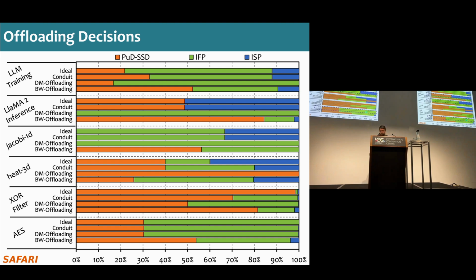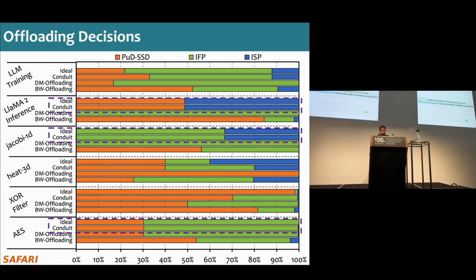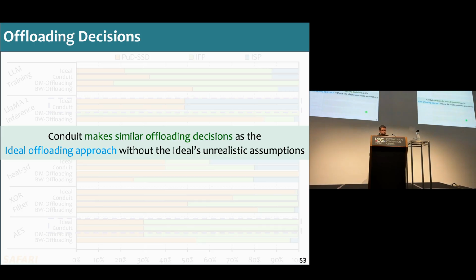Also, workloads with lower memory intensity or arithmetic intensity basically prefer offloading to IFP or processing using DRAM to reduce data movement. So Conduit makes very similar decisions to an ideal approach without making the unrealistic assumptions.